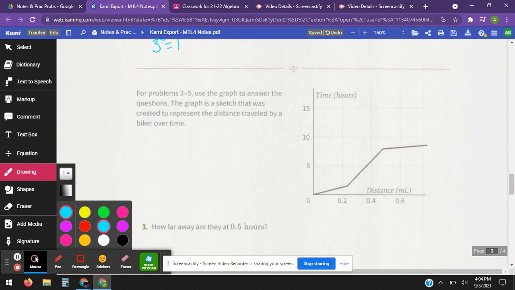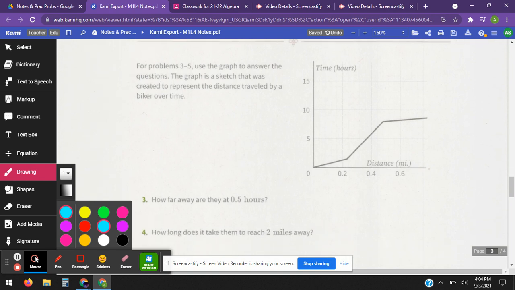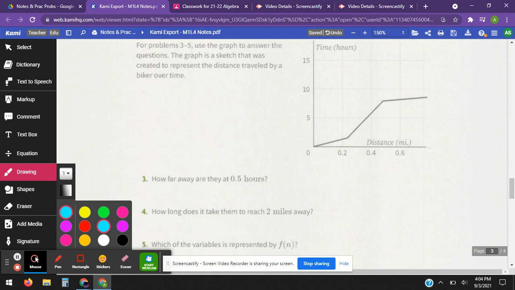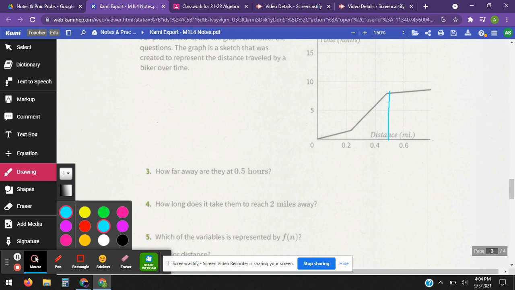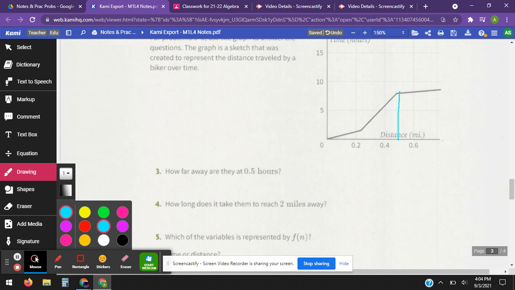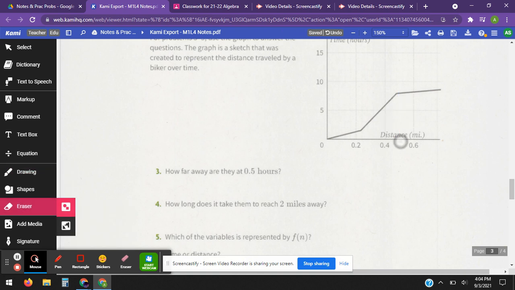For problems 3 through 5, use the graph to answer the questions. The graph is a sketch that was created to represent the distance traveled by a biker over time. Okay, so how far away are they at 0.5 hours? So here's 0.5-ish. Look at my labels. This is distance. So 0.5 hours.